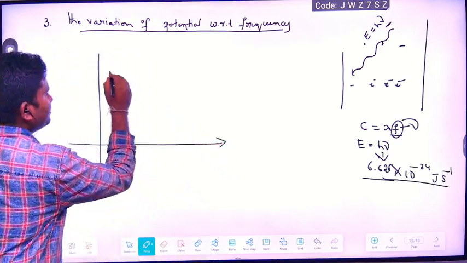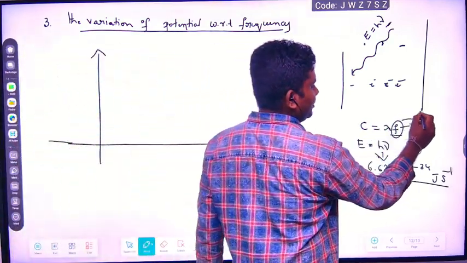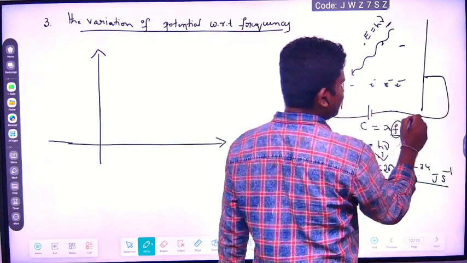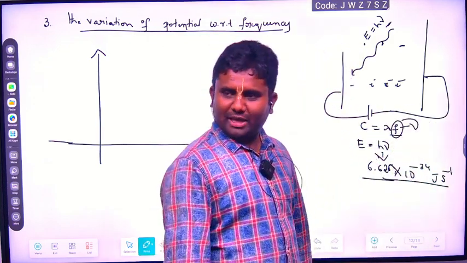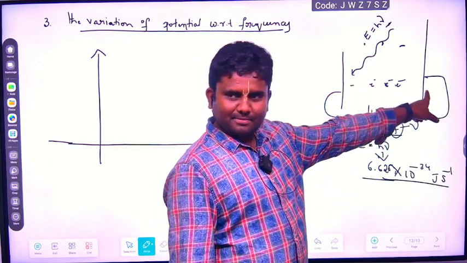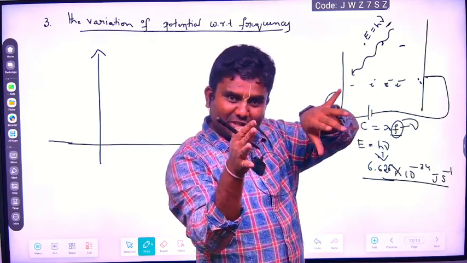you see, this is a collector plate, no? They are applying the potential through a battery. From the battery, they will apply negative potential here. Negative potential means a repulsion will come.